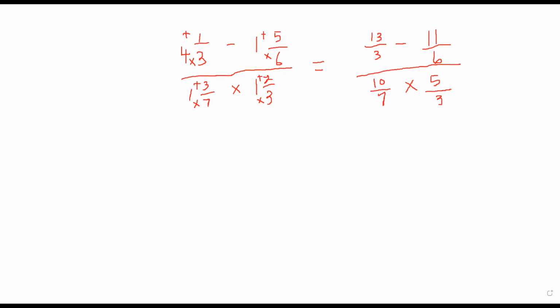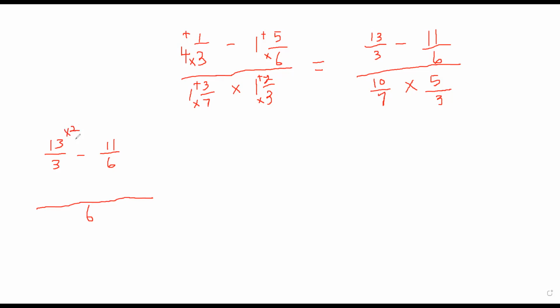Right? I see some different answers persons are getting. So we will clarify it now, right? Good. So we work the top. Let's work it separately. So we say 13 upon 3 minus 11 upon 6. Remember previously we had 3 and 6 as the 2 denominators, and we found that the LCM is 6. So that shouldn't be a problem. So the LCM here is 6. All right, 3 into 6 is 2.